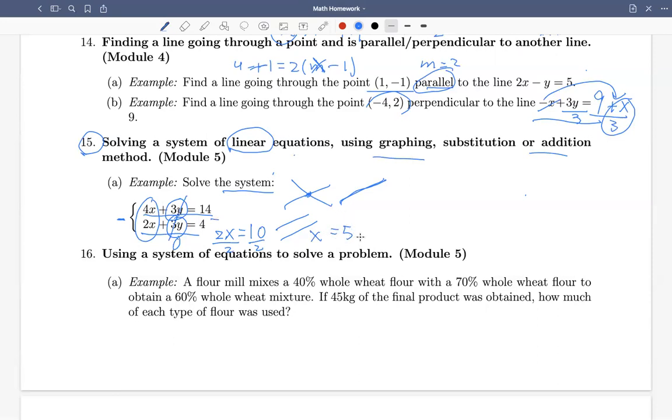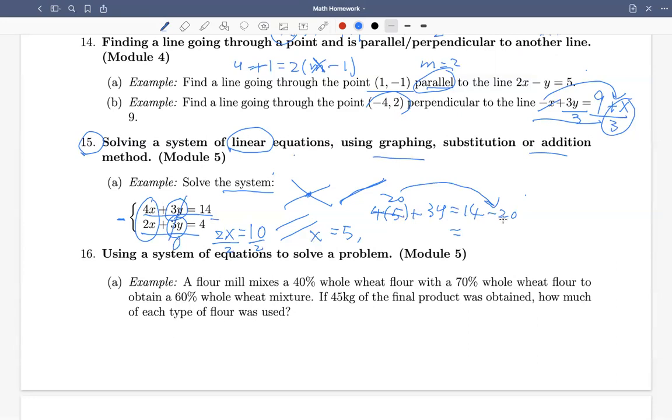If x equals 5, I need to solve for y. I can use either equation to solve for y. Let me use the first one. So 4 times 5 plus 3y equals 14. 4 times 5 is 20. I'm solving for y, so I want to move this 20 to the other side. 20 is positive on the left-hand side; when I move it to the right-hand side, it becomes negative.